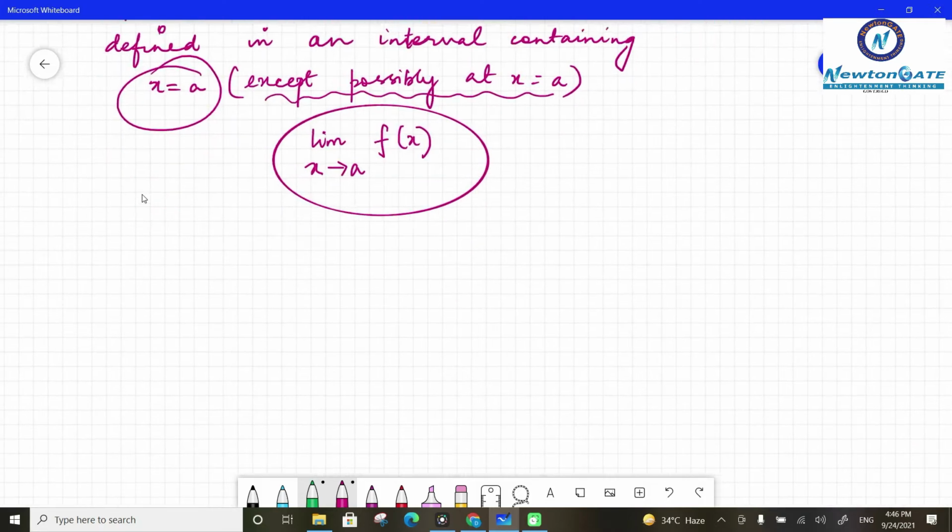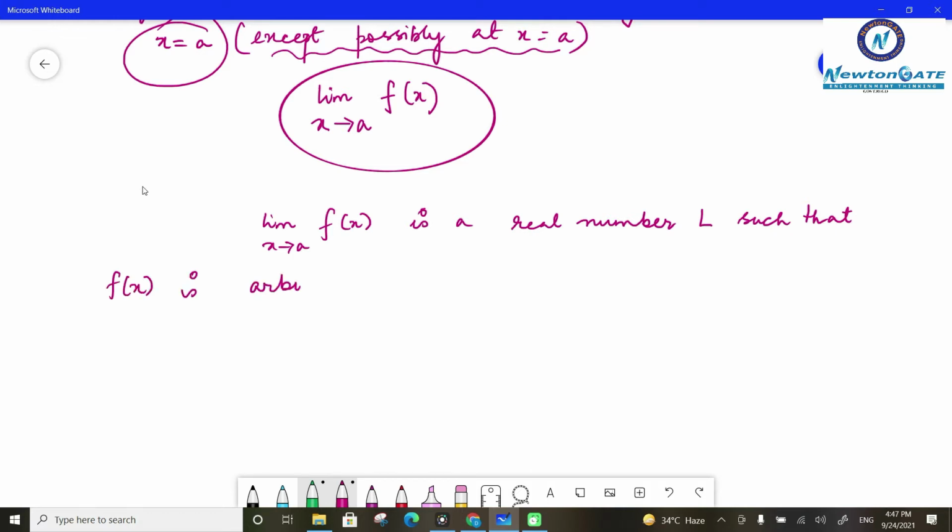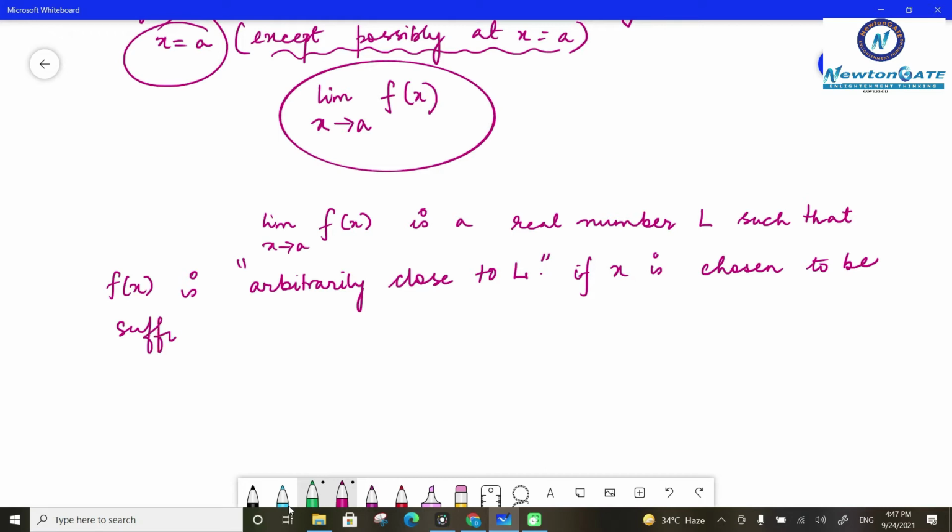Now informally we say that limit x tends to a of f(x) is a real number L, such that f(x) is arbitrarily close to L if x is chosen to be sufficiently near or close to the value a.